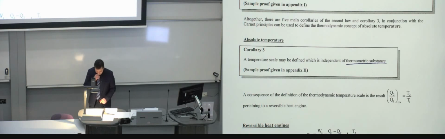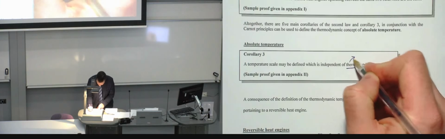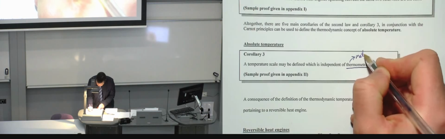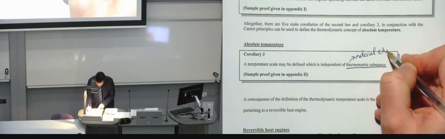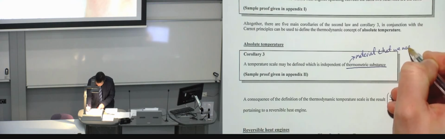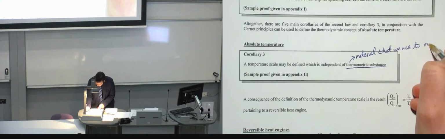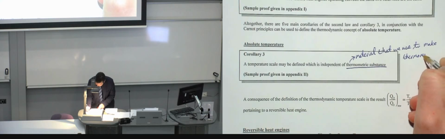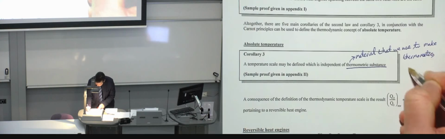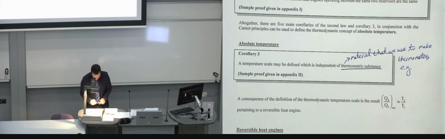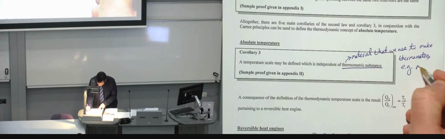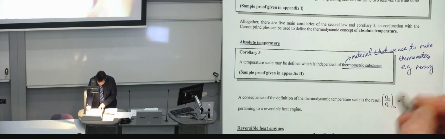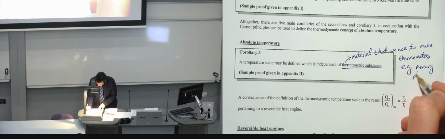Essentially, it's the material that we use to make thermometers, such as, for example, mercury or platinum.